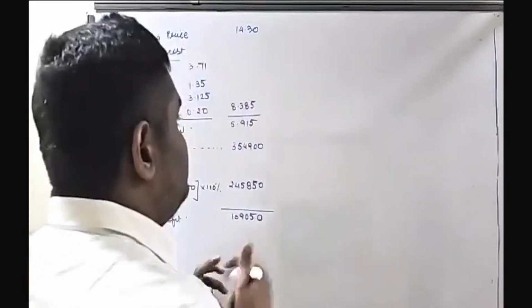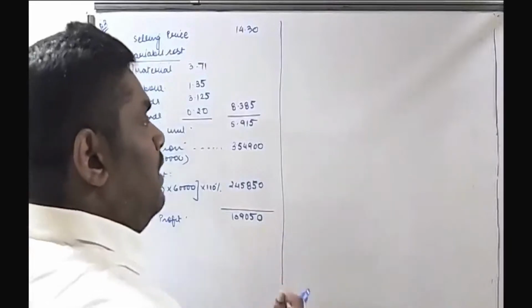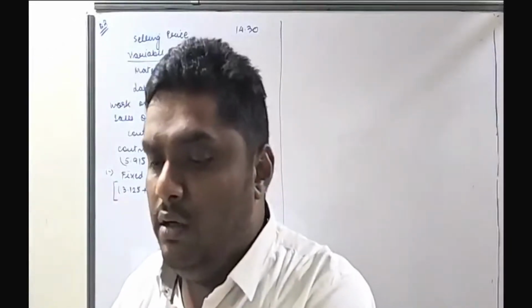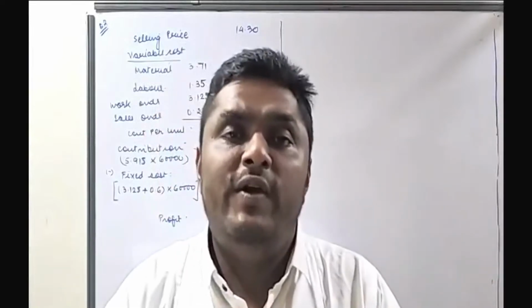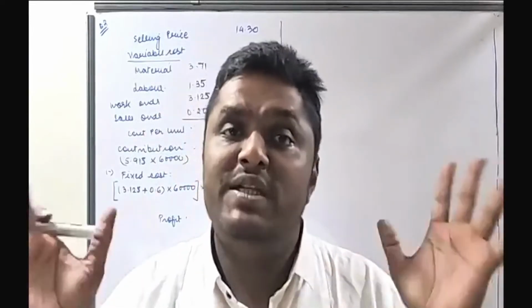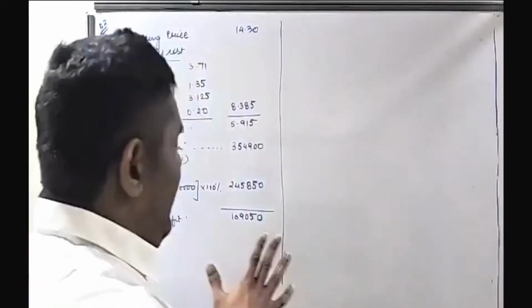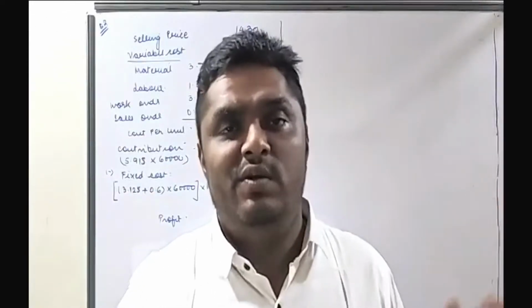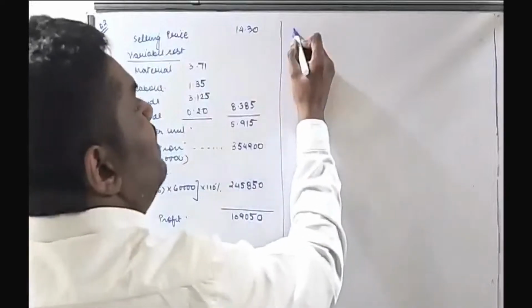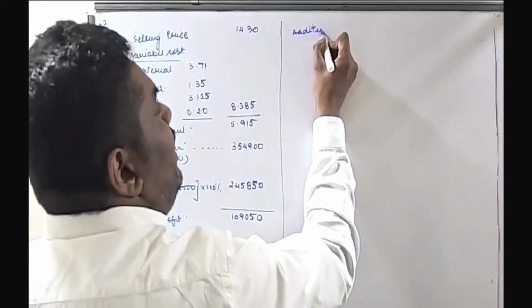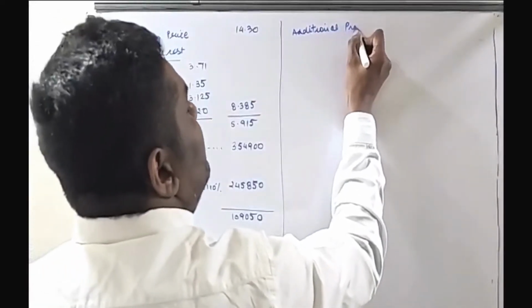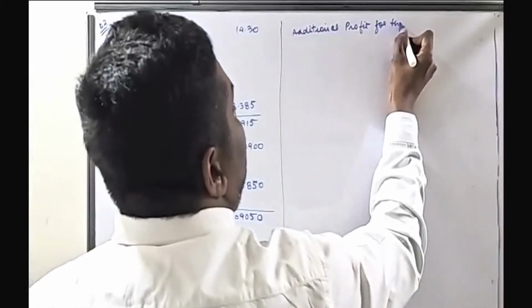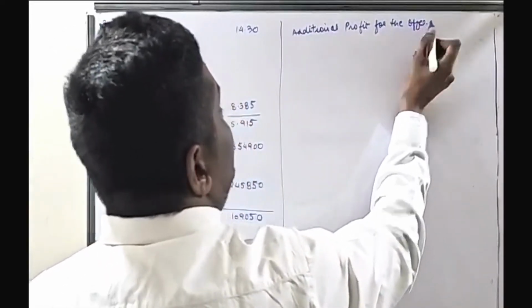So now again, our target is what? To earn an overall profit of 167,300. This much is my target. And from 60,000 units, I have already earned 109050. So additional profit for the offer, how much do we need?